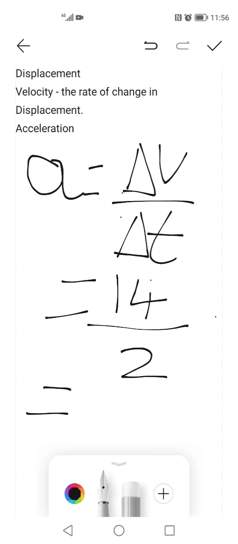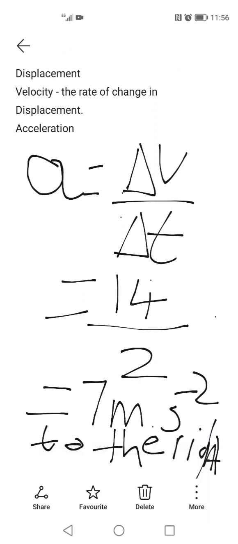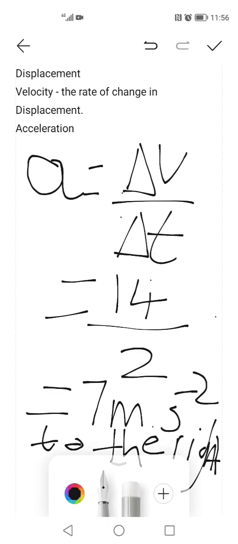Let's say the car is moving to the right. Then we are going to get 7 meters per second squared to the right. So we call acceleration a vector quantity. The reason behind that is that it has both the magnitude and the direction.